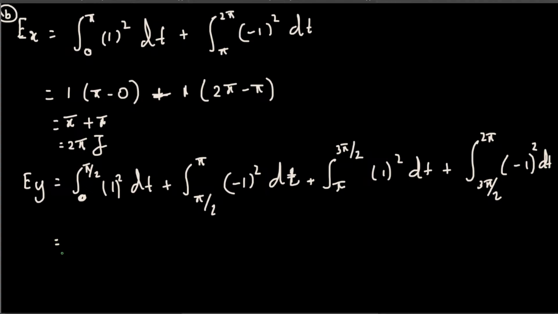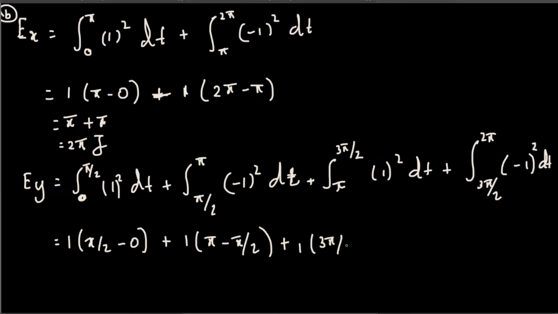The first one, 1 squared, is just 1, and then the upper limit is π/2 minus 0, the lower limit, and then plus 1, the upper limit is 3π/2 minus π, and then plus 1, 2π minus 3π/2.